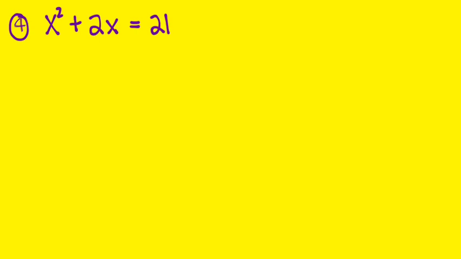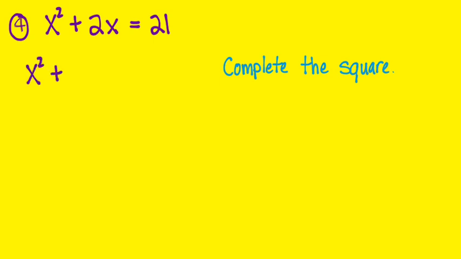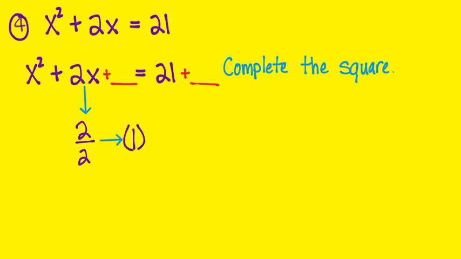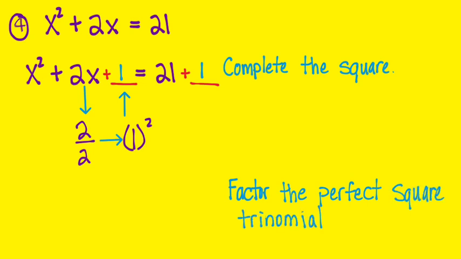So again, I'm just going to move over a little bit of space so I can complete my square. I cut 2 in half and square that, getting 1. And I add 1 to both sides. I made this perfect trinomial, so I know what it is. It's x plus 1 squared, and that now equals 22.